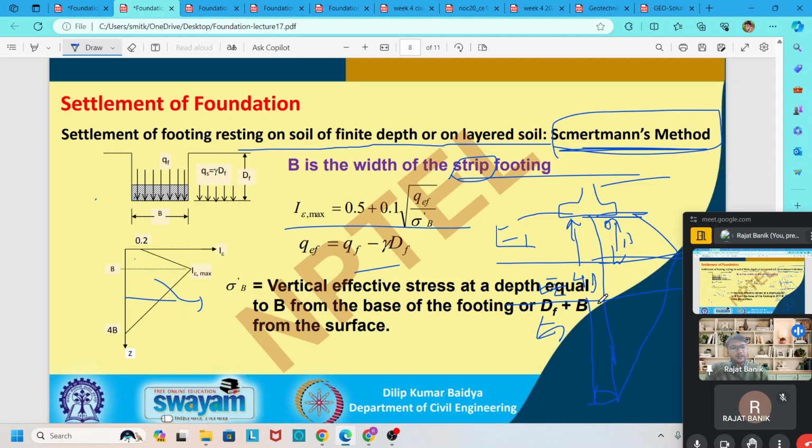After that, based on the similar triangle method, we find the influence factor at the edge or boundary of each layer, and we calculate the influence factor for each zone at the middle depth of the zone, and sum it up.